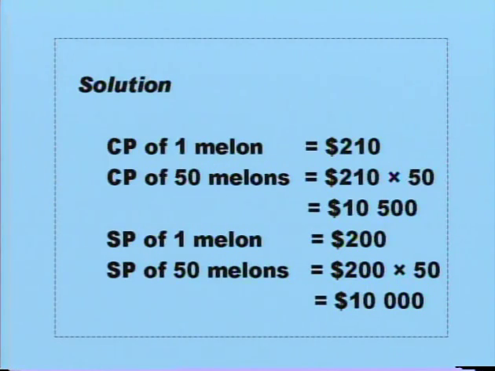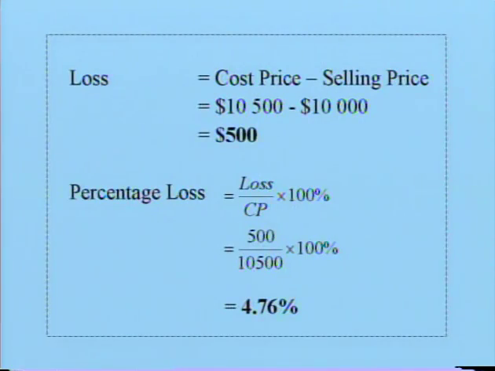Here you must note that instead of calculating for 50 melons, or in the case of the nuts, we can use one item and determine the percentage loss or the percentage profit. Loss is equal to cost price minus selling price.